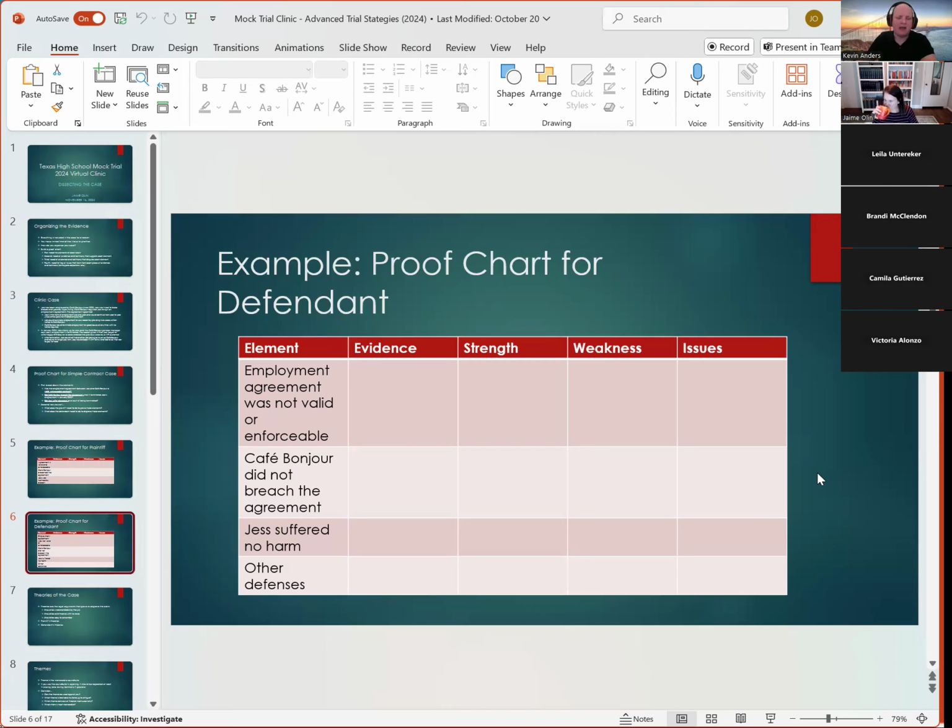No, I think everything you said is spot on. One of the things that may help you as you review, with not only this practice example, but also the actual mock trial case problem this year, is that by understanding the case from one perspective, it may help you understand the other side as well, and back and forth.